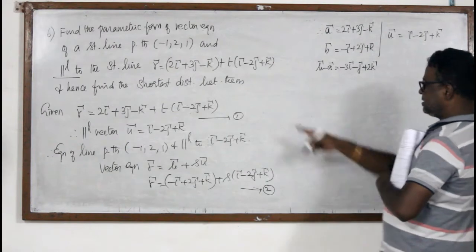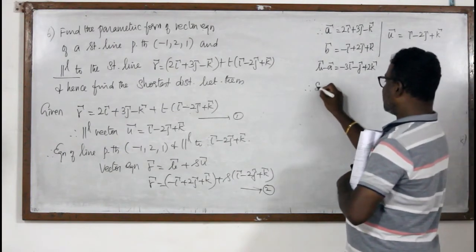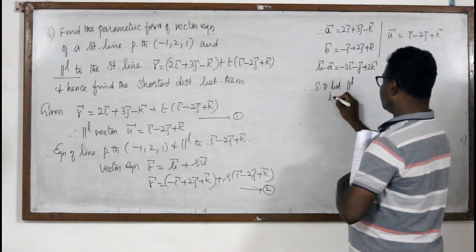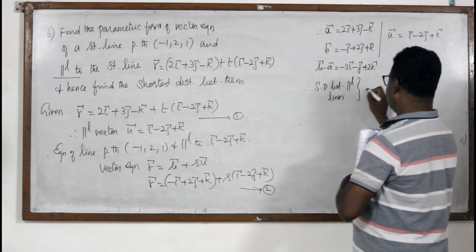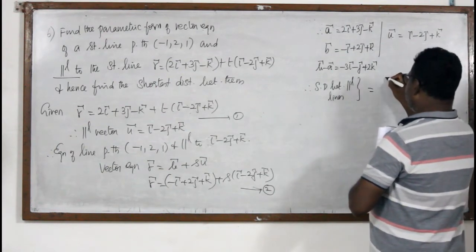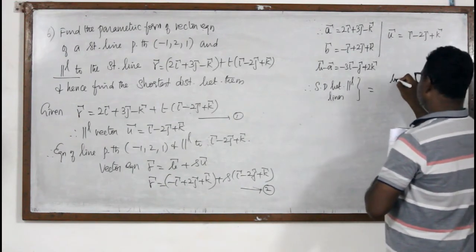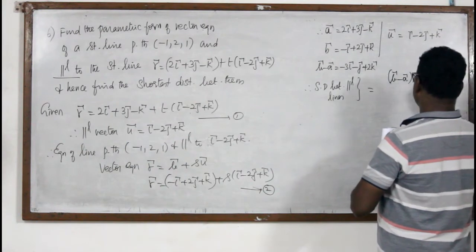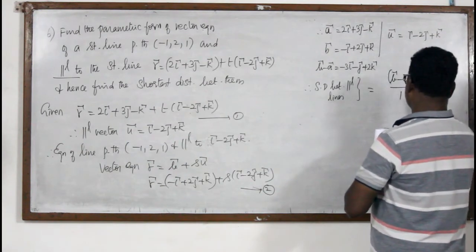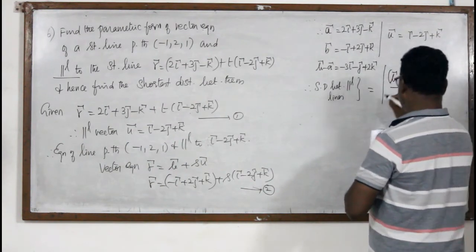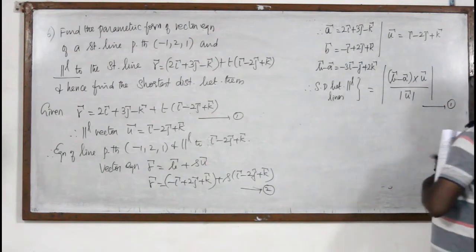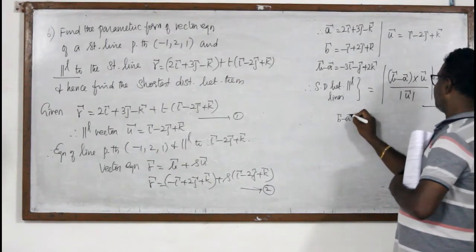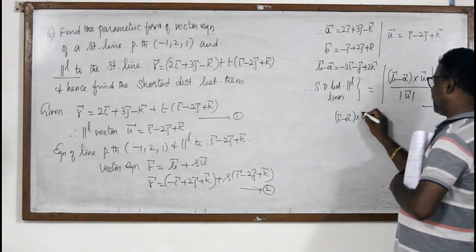Then remember, since the lines are parallel, the shortest distance between parallel lines is given by the formula: modulus of (b minus a) cross u divided by modulus of u. So we shall find b minus a cross u vector.